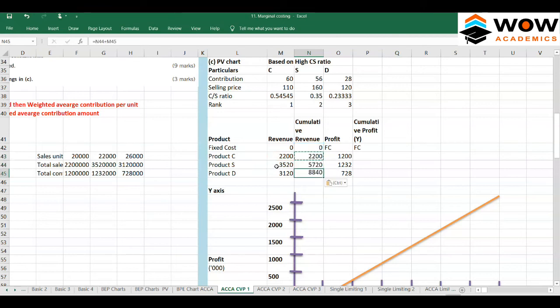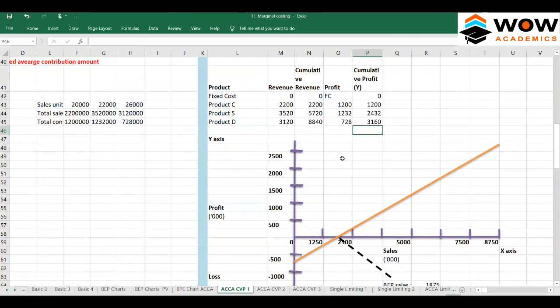So cumulative and the total sales will be the same. So we got the cumulative revenue and cumulative profit. So let's draw the chart. We'll take another color.